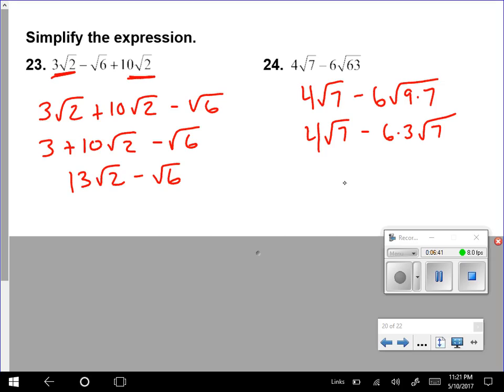The square root of 9 is 3, so now I have 4 times the square root of 7 minus 18 times the square root of 7. Now I have like radicals, so I have 4 minus 18 times the square root of 7, which would give me negative 14 times the square root of 7.